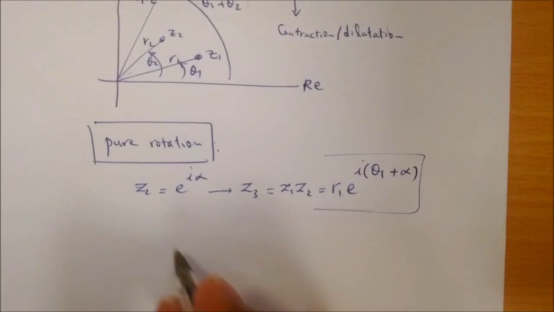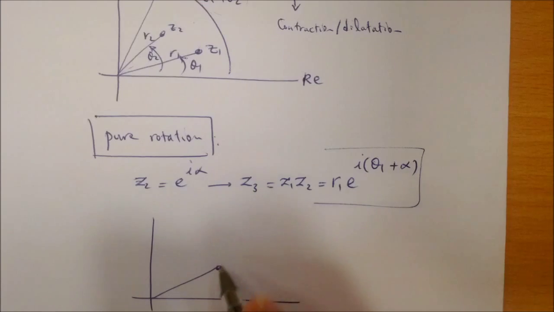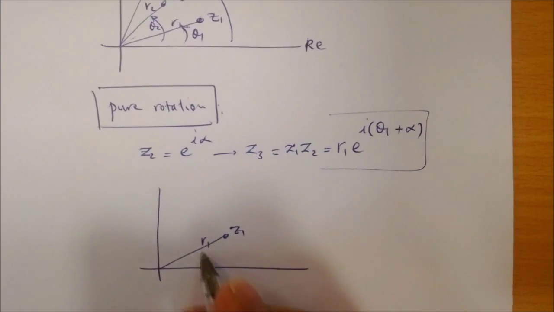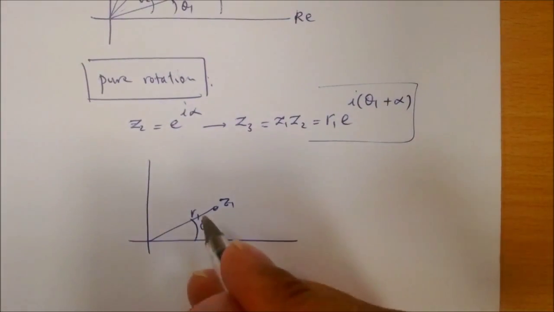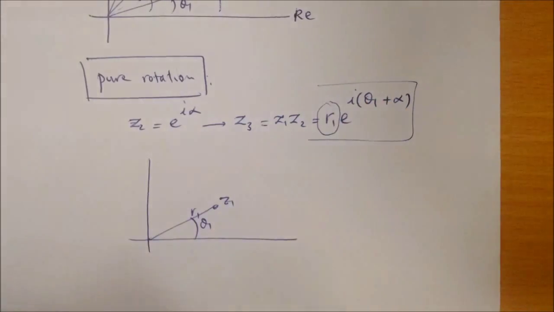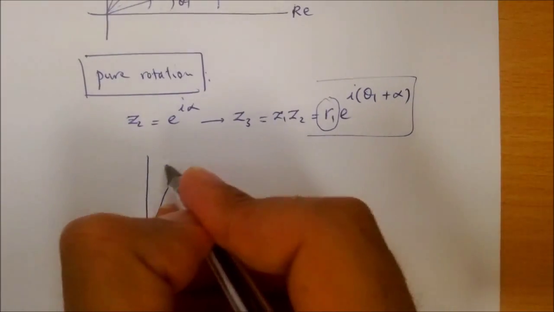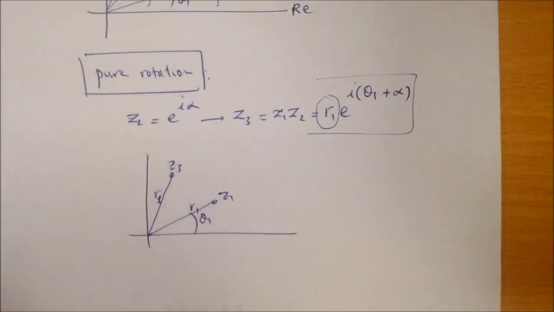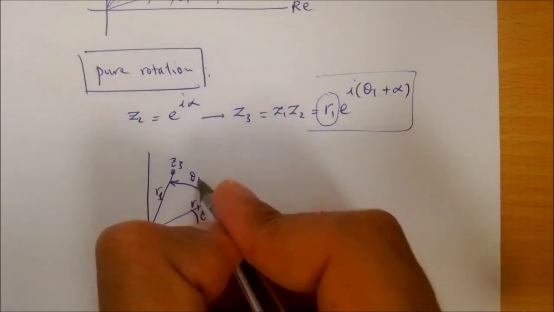Now if I consider, for example, z1 as r1 and theta 1, z3 will have the same modulus as z1, so this will be z3 with exactly r1, and the corresponding angle is theta 1 plus alpha.